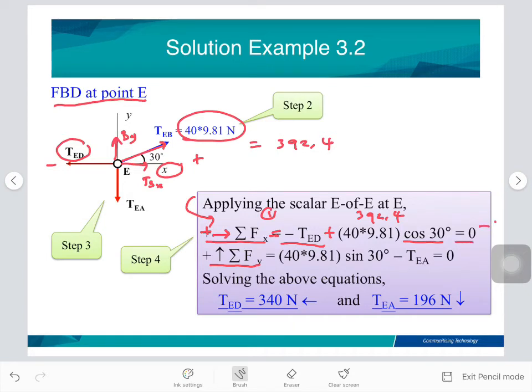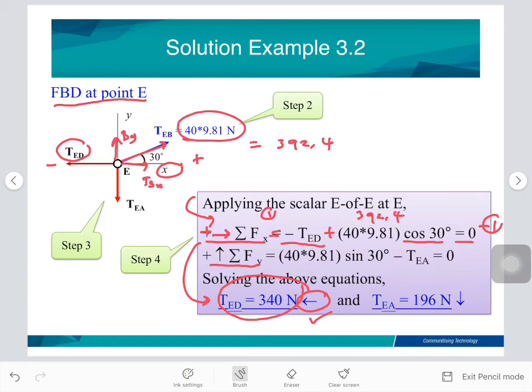This becomes equation 1. So you can solve: negative TED plus 392.4 cos 30, and you get TED is equal to 340. If you get a positive value here, it means our direction is correct. Okay, next, we can solve that.